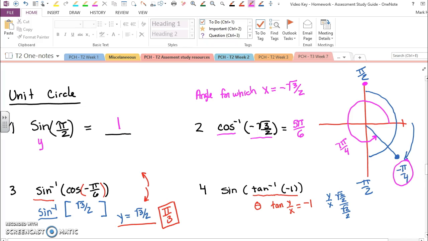Only this one falls in the range of the inverse tangent function. So what that means is the theta that you want is negative pi over 4. So now we want, what is sine of that negative pi over 4 angle? Well, it's this y value right here, or negative square root of 2 over 2.